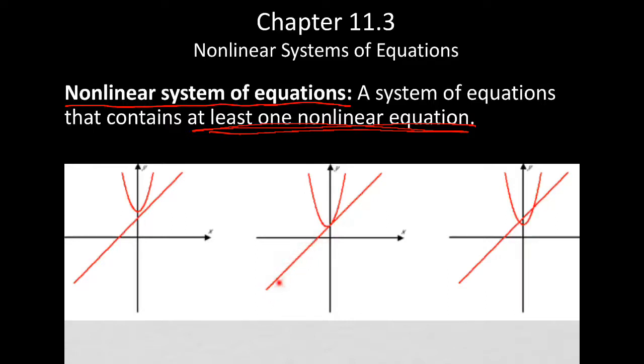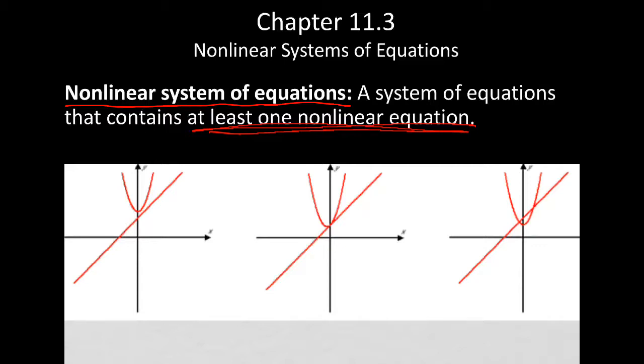Maybe they touch at just one point, and so we would have a single solution. Or maybe that line goes through the parabola and touches it in two different places. So one of the first steps when we look at a nonlinear system of equations is to recognize what types of graphs we're looking at and think through how many solutions we might be looking for.